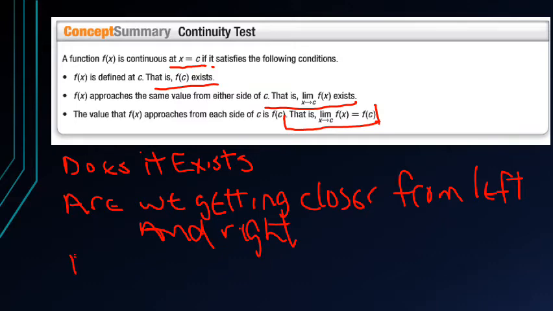And then third, we can determine the limit, or prove it. Okay, let's take a look at a couple of examples on the next couple of slides.